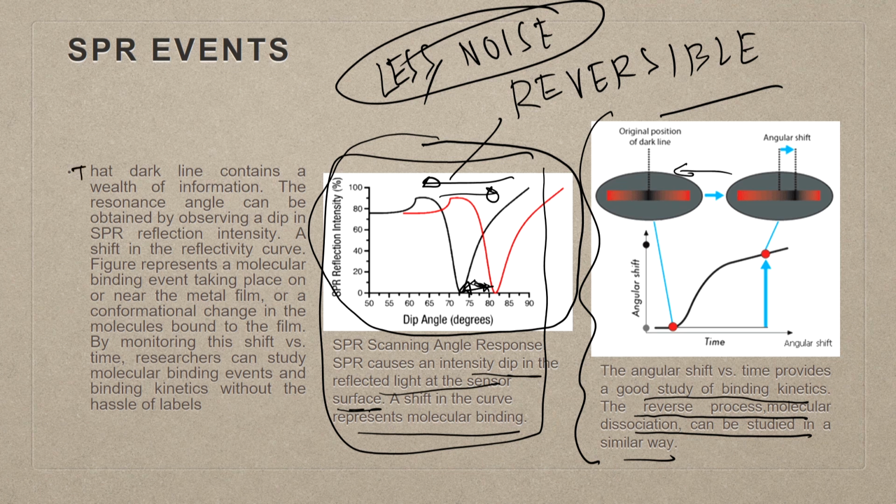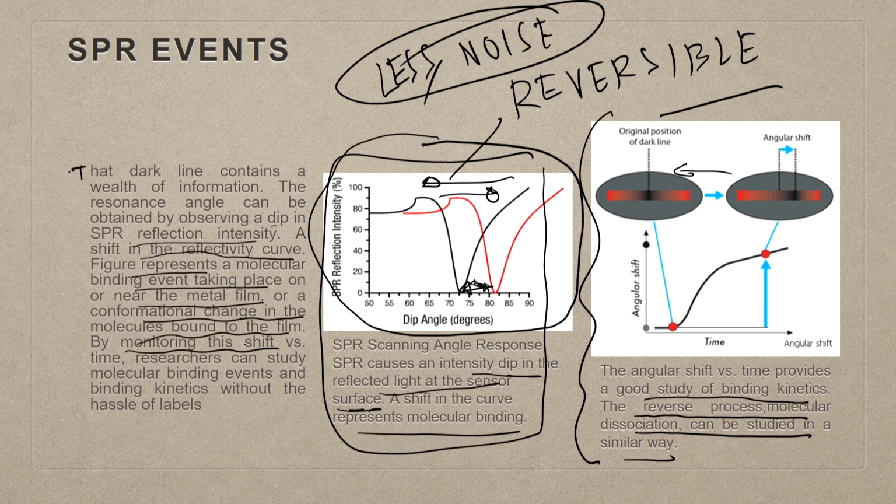That dark line contains a wealth of information. The resonance angle can be obtained by observing a dip in SPR reflection intensity, a shift in the reflectivity curve. The figure represents a molecular binding event taking place on or near the metal film, or a conformational change in the molecule bound to the film.